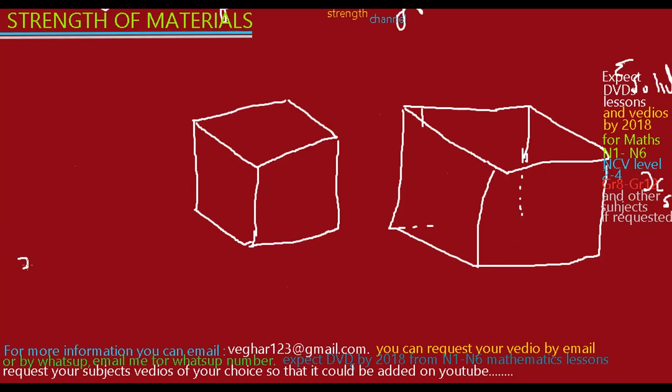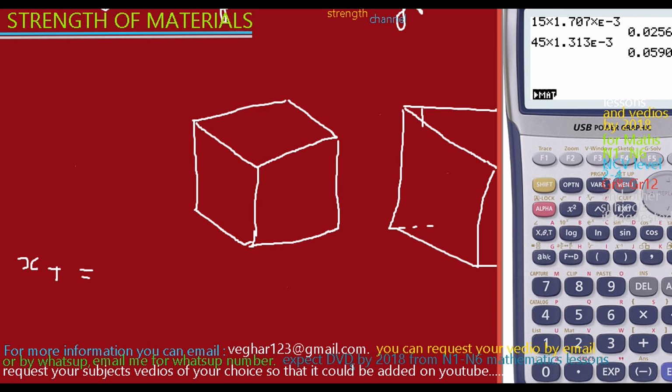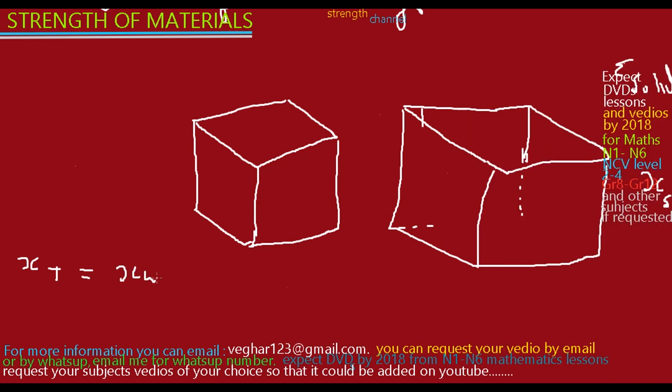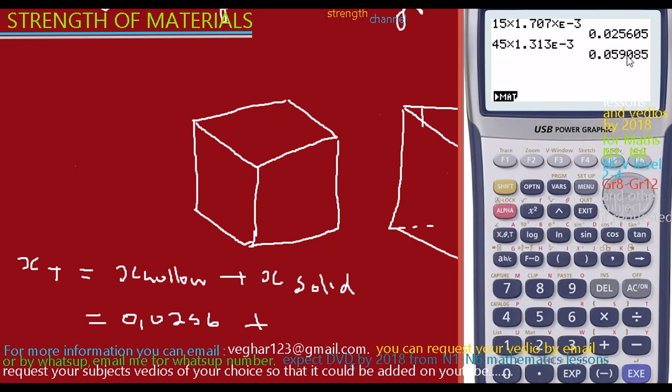So now you can add the hollow and the solid for the total. This is 0.0256, this is for the hollow, 0.0256 plus 0.059.